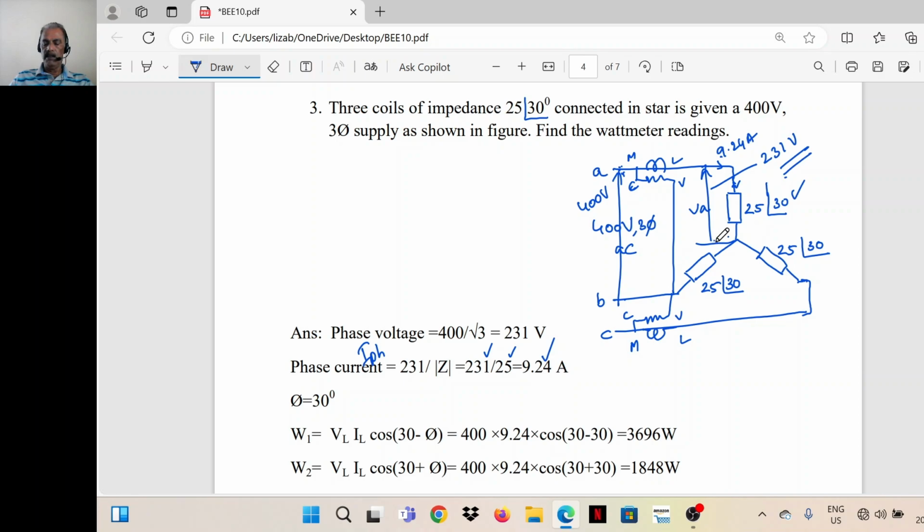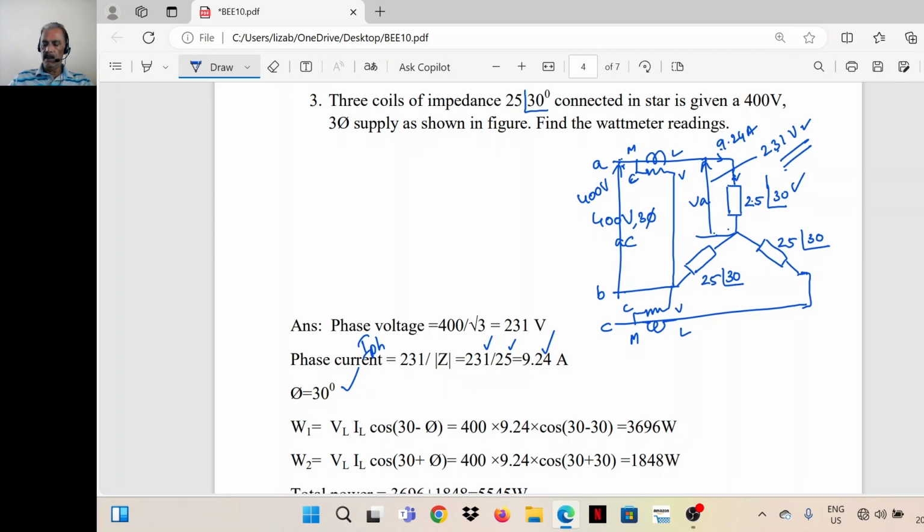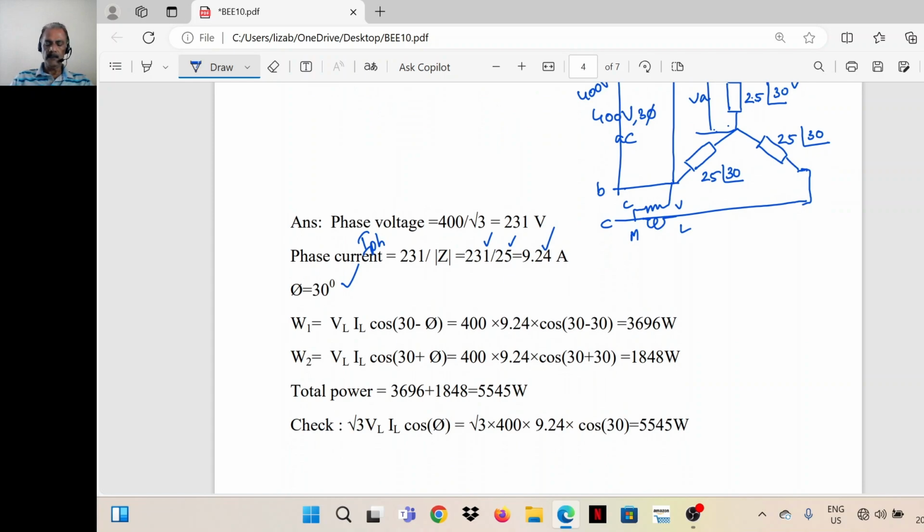The voltage between neutral and the line, that is line to neutral or phase voltage, is 400 divided by root 3, which is 231 volt. So now we have the phase voltage and phase impedance. We can find the phase current, phase voltage by phase impedance, 231 divided by 25, that is 9.24. Power factor angle is 30. So now we can find out the wattmeter readings.